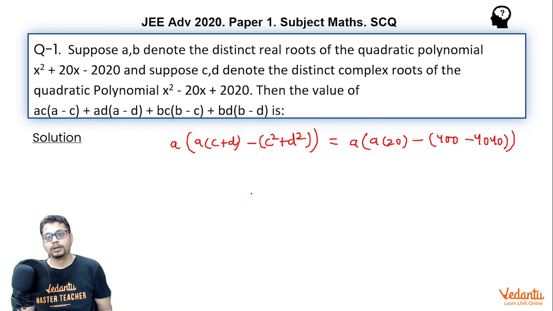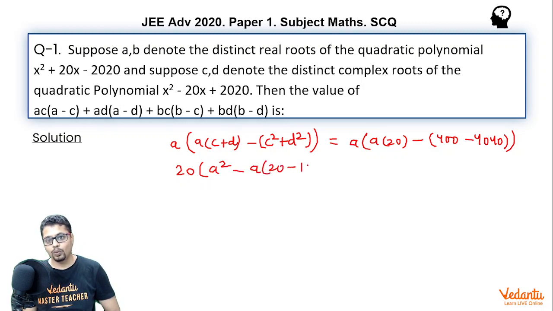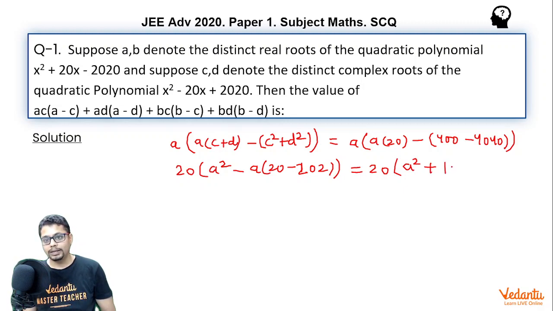So we can take 20 common, and what we get is A square minus A times 20 minus 202. So basically it becomes 20 times (A square plus 182A minus 202). Now this A square we can write using this equation.